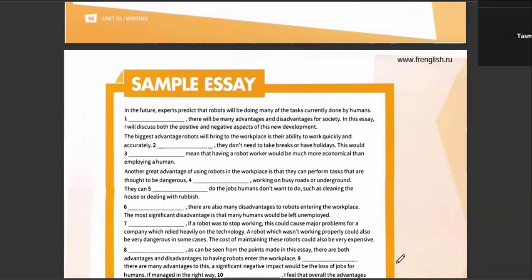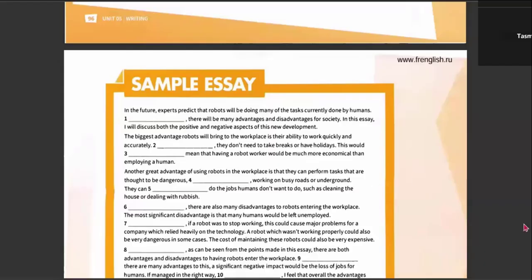And lastly, during the structuring, we have to definitely include a proper introduction and main bodies where we include the advantages and the disadvantages. And lastly, we have to conclude, giving our opinions and our thoughts into it, right?